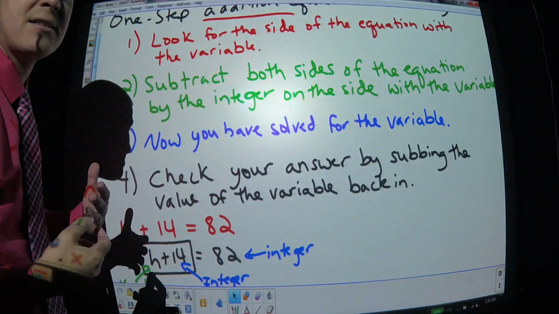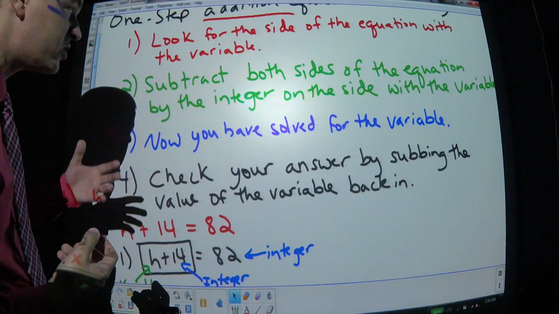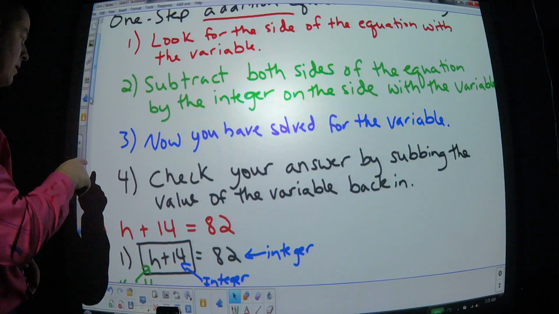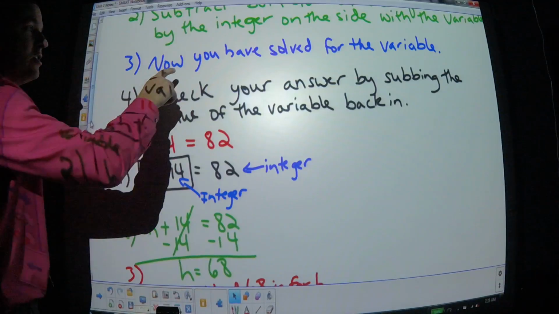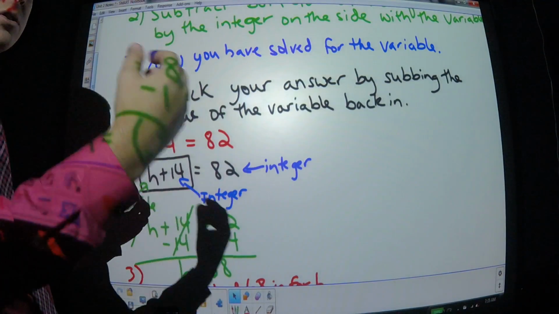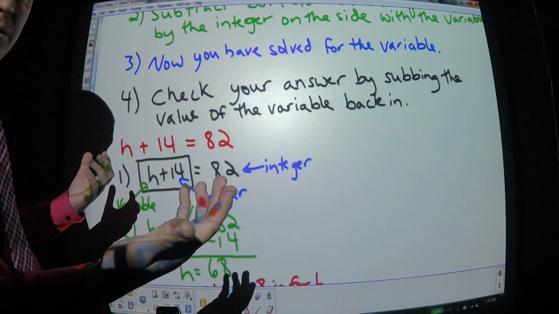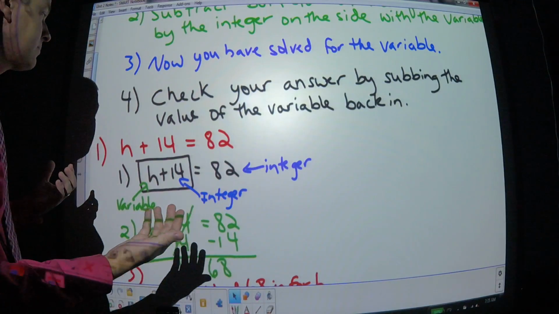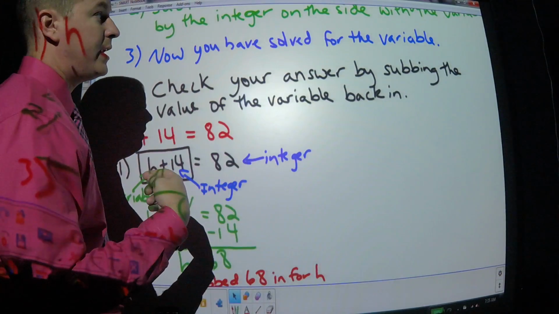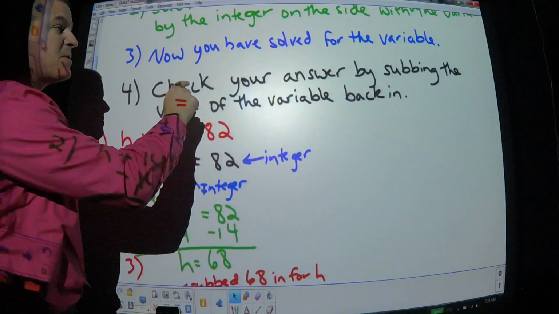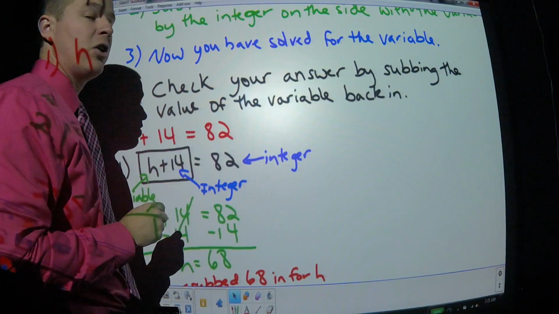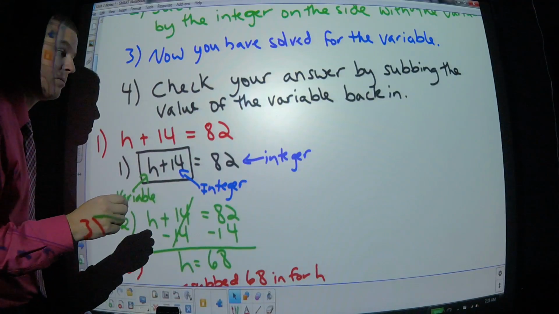Whatever side has the variable in it, you subtract that number from both sides. Now you have solved for the variable. You're going to have the variable on one side equal to some constant. And then step 4, you're going to do just like what you did in 2-4. You substitute back in and make sure that is the solution.